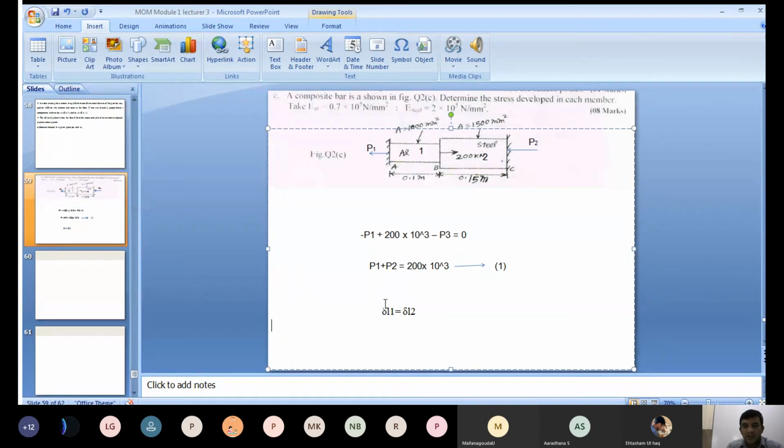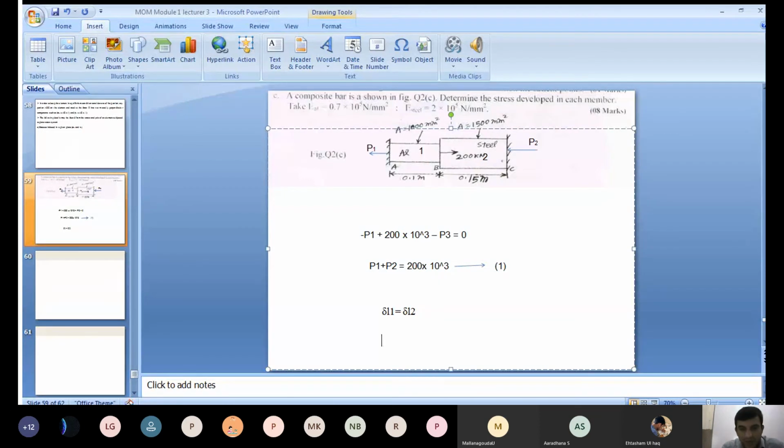P1 into L1: 0.1 meter is given, convert into millimeter, dimension you should take in millimeter, so 0.1 into 10 to the power of 3, whole divided by A1, for the aluminum first portion, 1000 millimeter square, into E1, Young's modulus of aluminum, 0.7 into 10 to the power of 5, is equal to P2 unknown, L2 0.15 meter turned into millimeter, 0.15 into 10 to the power of 3, whole divided by A2, which is 1500, into E2, nothing but Young's modulus of the steel, 2 into 10 to the power of 5.